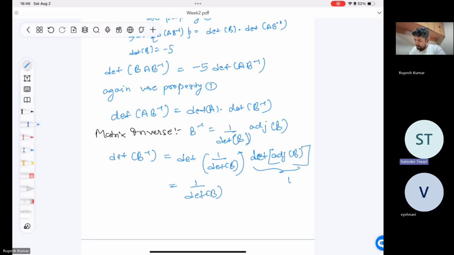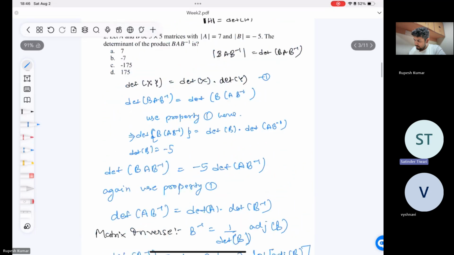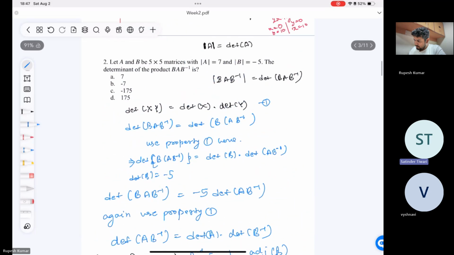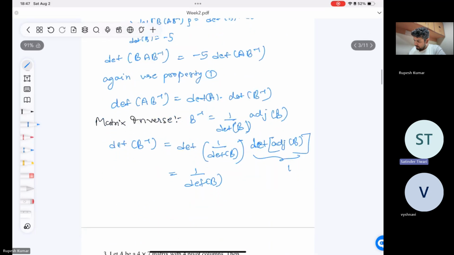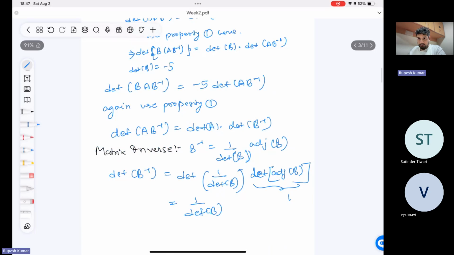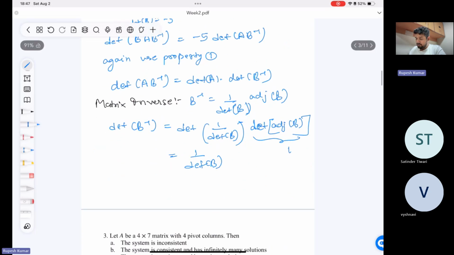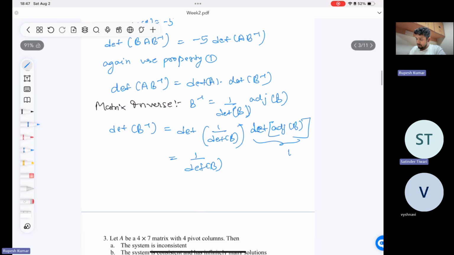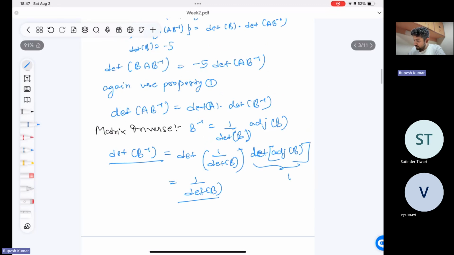Sir, I was saying that directly we can use the property that determinant of A inverse will be equal to 1 by determinant of A. Yeah, I was getting to this only, that you are proving that part. So I essentially show this. These are simple determinant properties and you get to this relation, right?